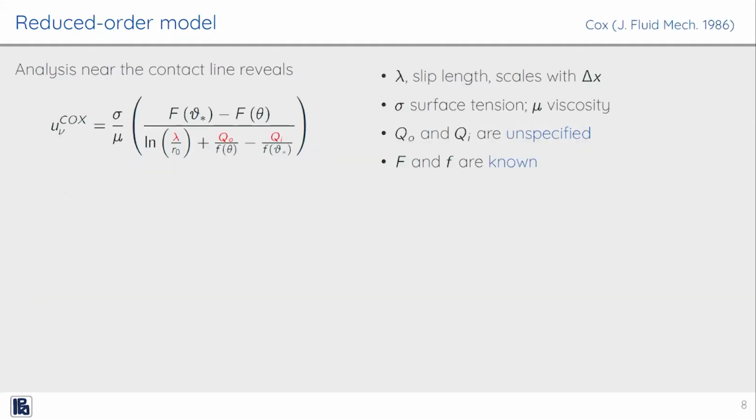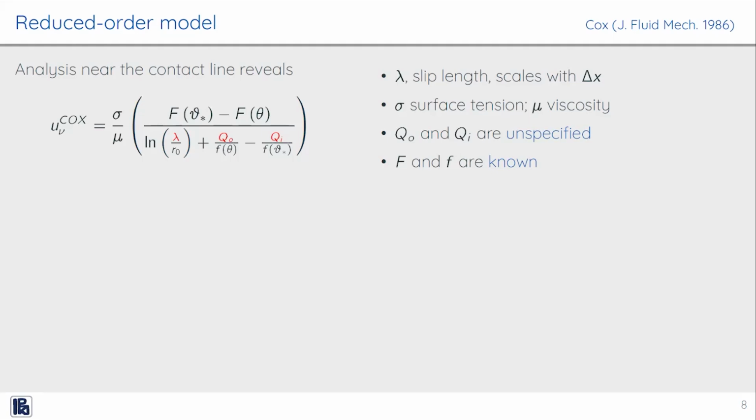Now, if we follow a fully data-driven approach, our model will not be good enough. That's what we tried, and at least for the amount of data that we are able to generate, a fully data-driven approach will result in inaccurate models. So we thought, how can we introduce our prior physical knowledge into the workflow? So we decided to use a reduced order model that was first suggested by Cox in the 80s.